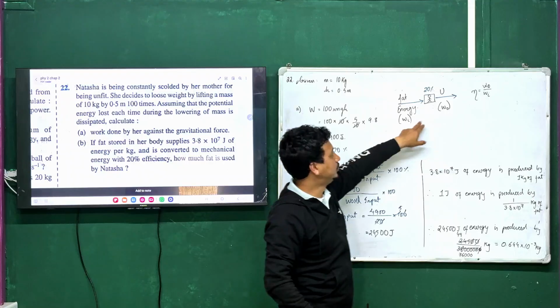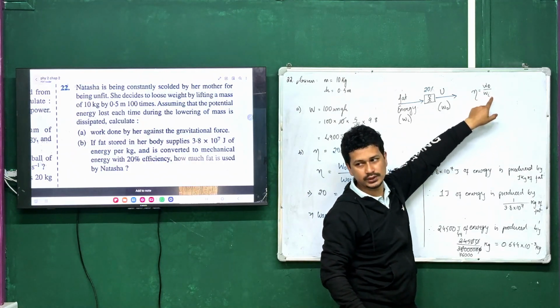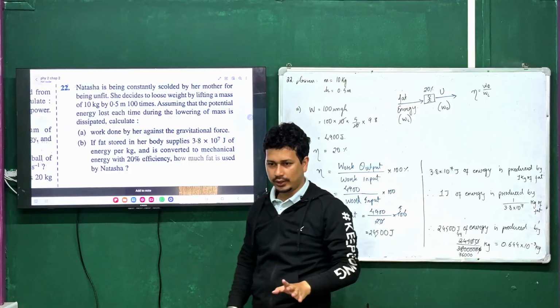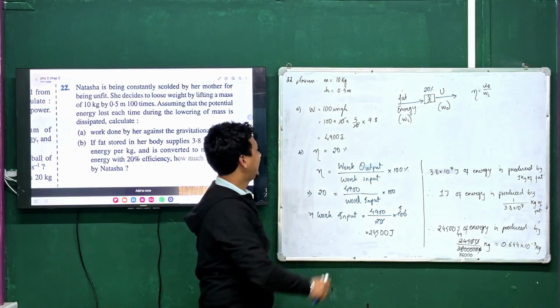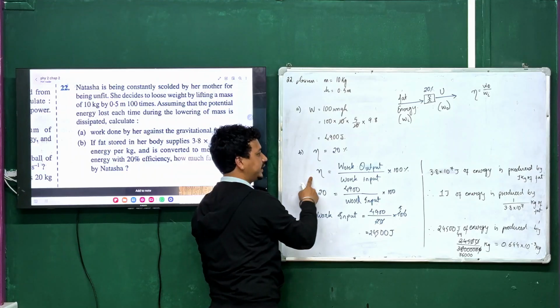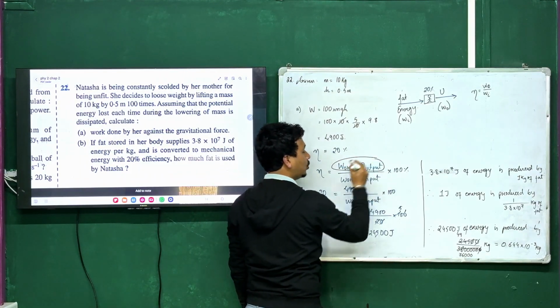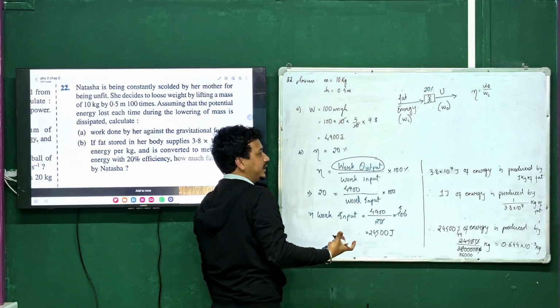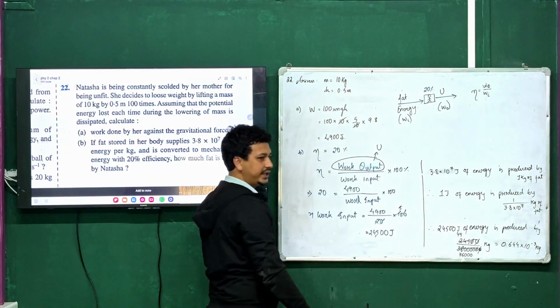Okay, so the formula of efficiency will be work output upon work input. Fine. Till here you got it. Good. So if you use the formula of efficiency, work output. Now work output means what? What energy are you getting? You're getting energy in the form of potential energy.